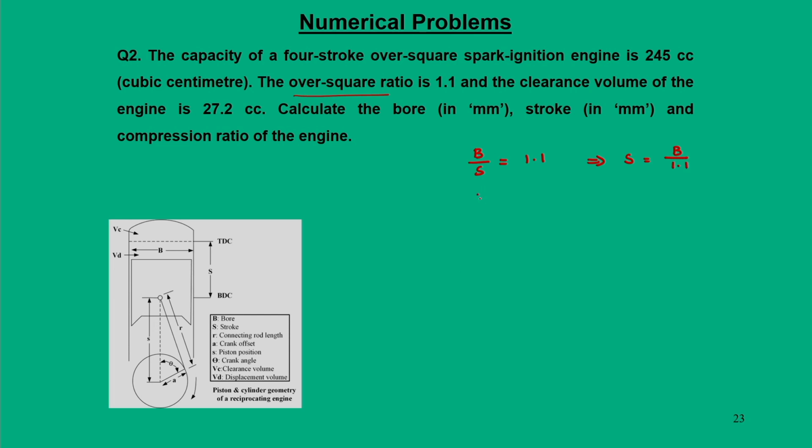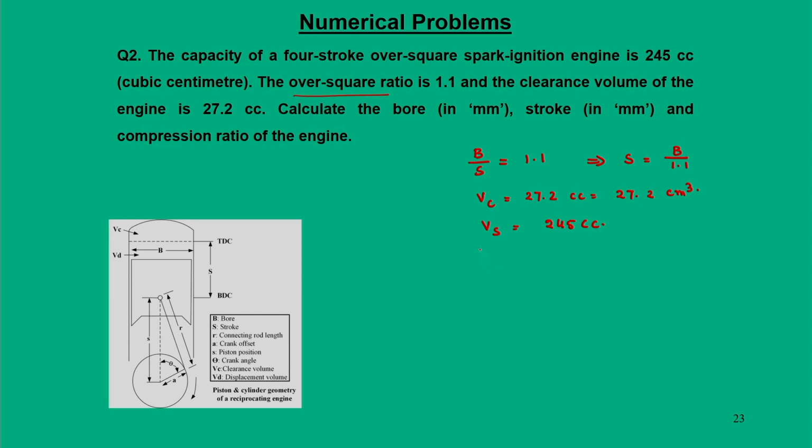We are also given Vc as 27.2 cc, that is 27.2 centimeter cube, and Vs would be 245 cc.